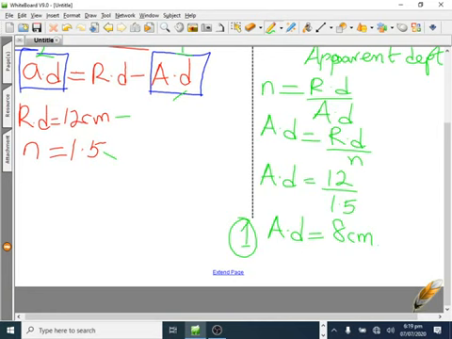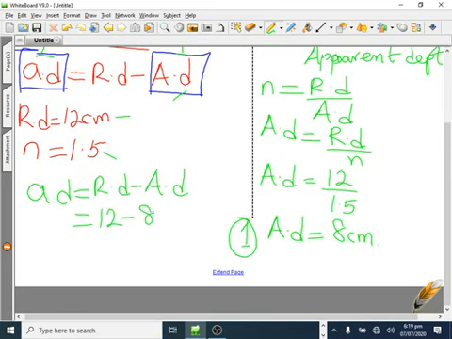We'll be coming back into this formula, which means our apparent displacement will be equal to real depth minus apparent depth, which is 12 minus 8, everything in centimeter.